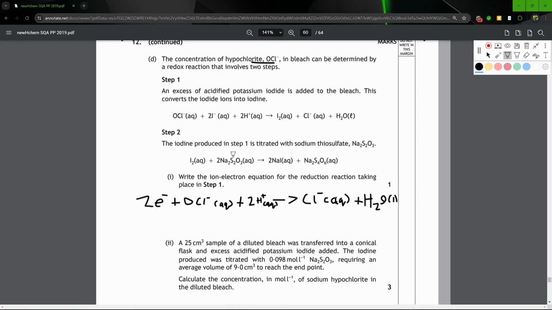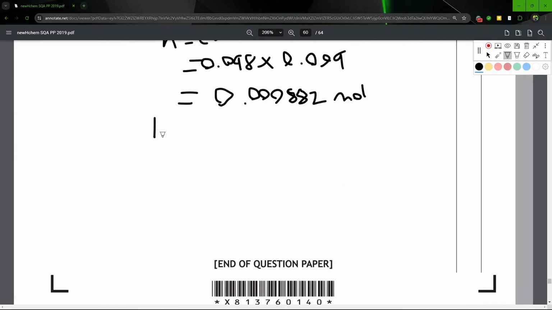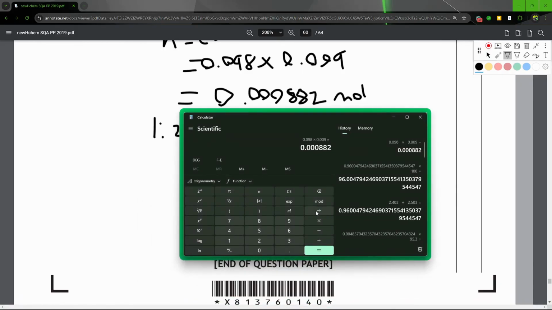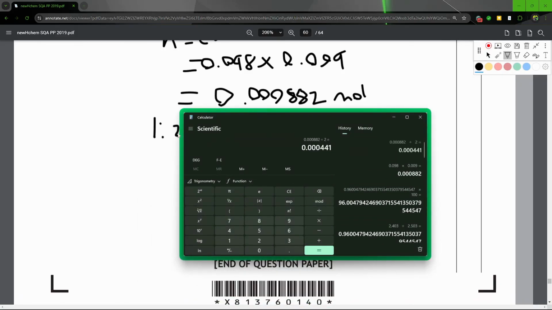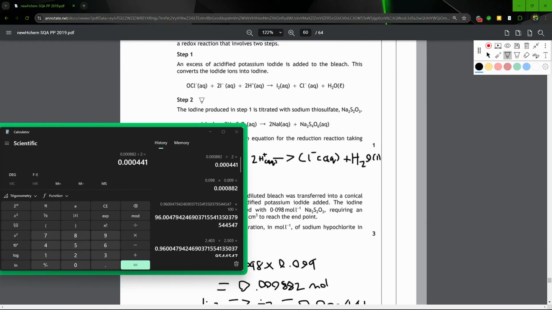If we divide the amount of moles we got for this, we'll get the number of moles of iodine produced, which would then be equal to the number of moles of hypochlorite. Whew, okay, so it's a 1 to 2 molar ratio, so we'll divide by 2, giving a number. Oh, it's getting lower and lower.